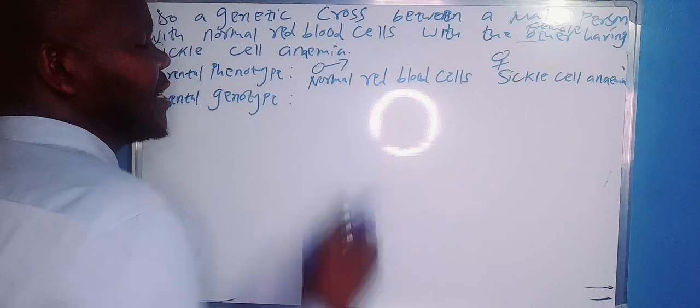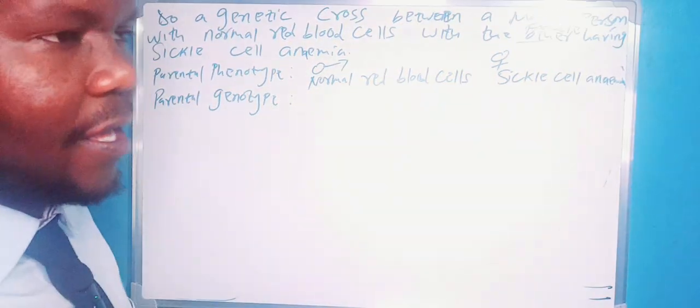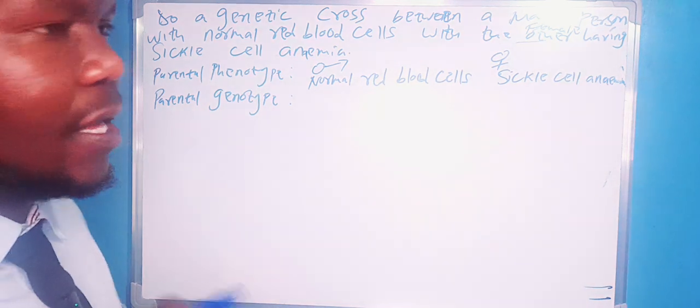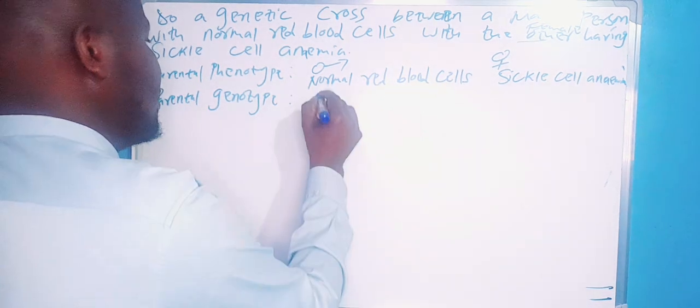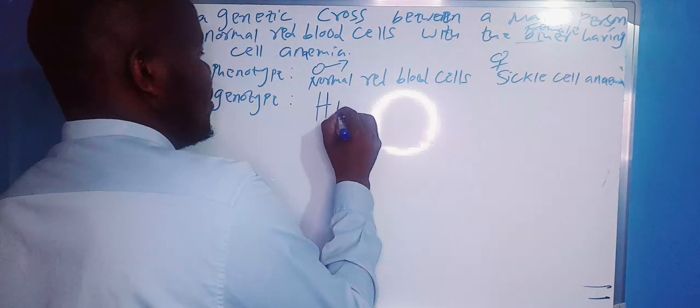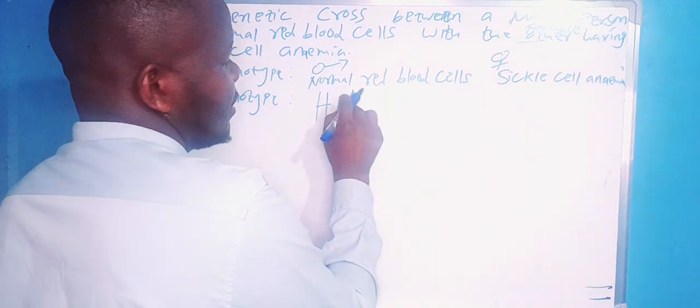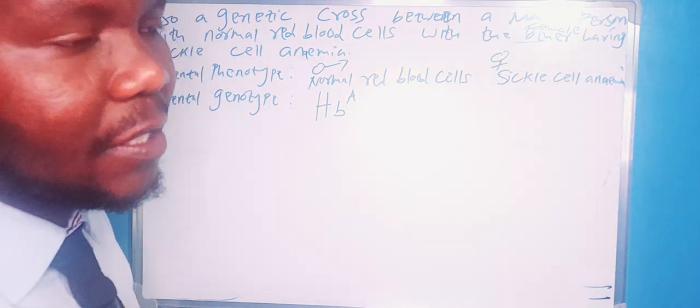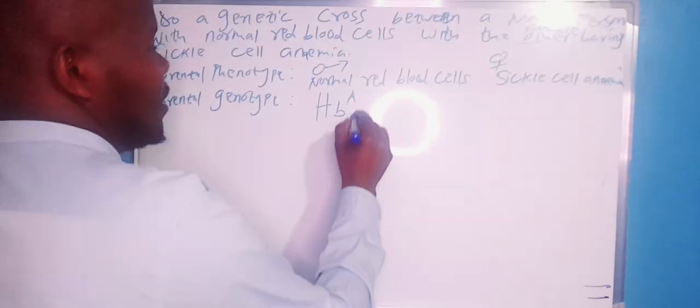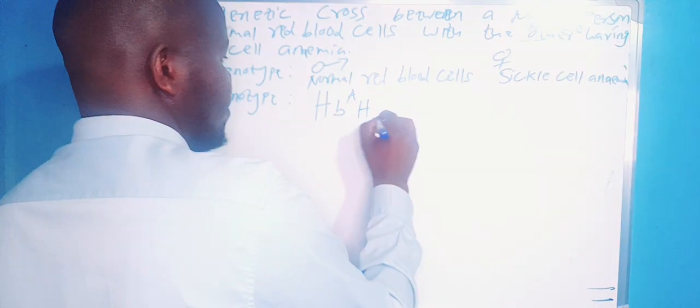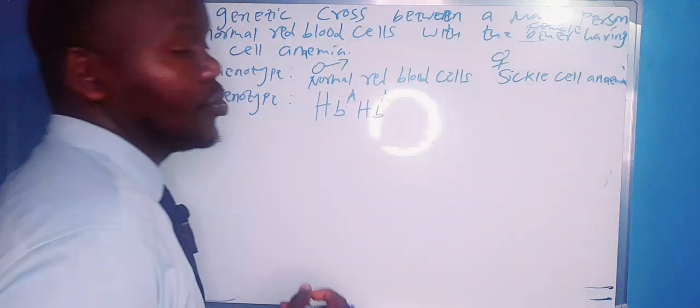Then you go to the second one, which is the parental genotype. I've said the normal is HbA, HbA. So that A represents normal red blood cells. They are homozygous.